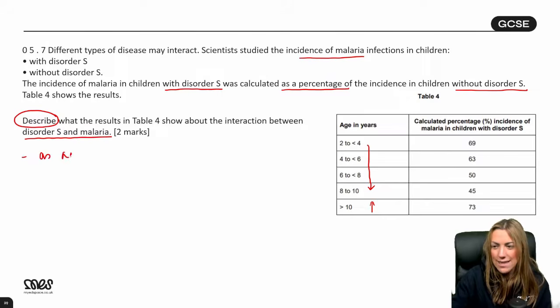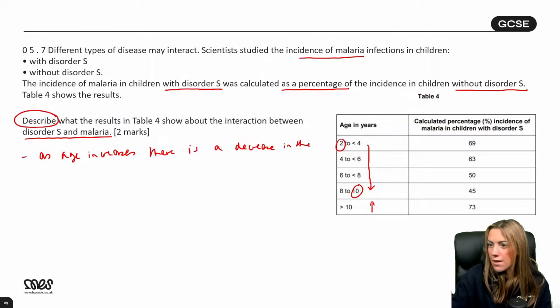So as age increases, so going from like 2 to 10, as age increases, there is a decrease in the percentage of children with disorder S who have malaria.